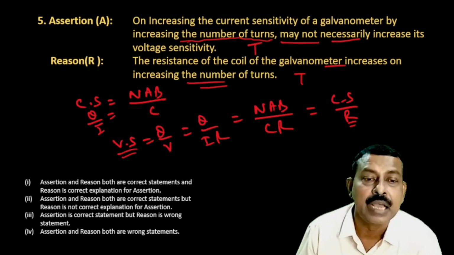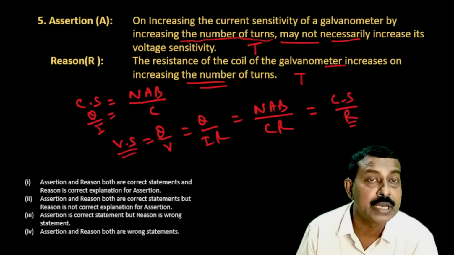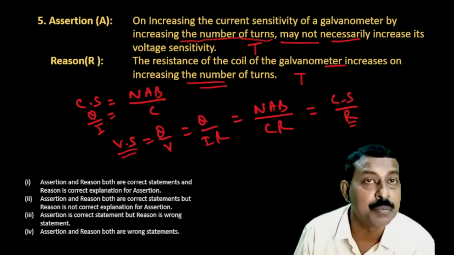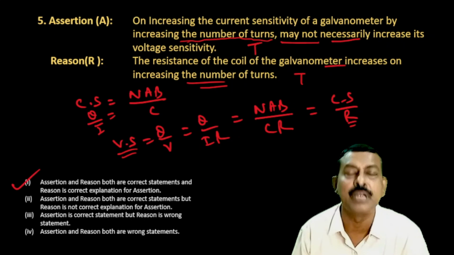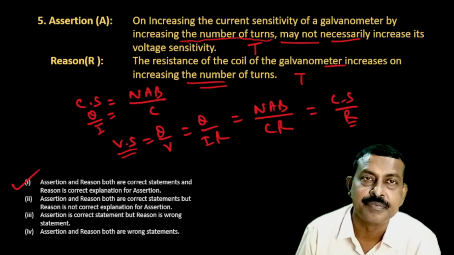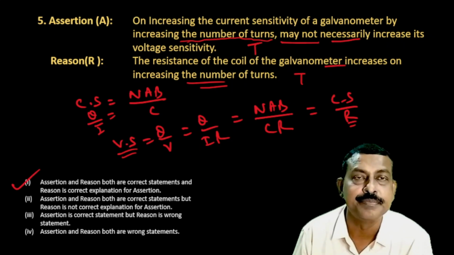Why that particular statement in the assertion is correct, and the reason is also there. Since the term may not is there, definitely in that case this is the first one which is the correct one, because it is explaining that part.